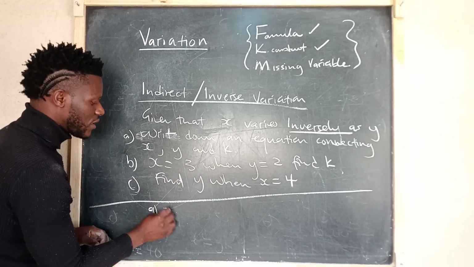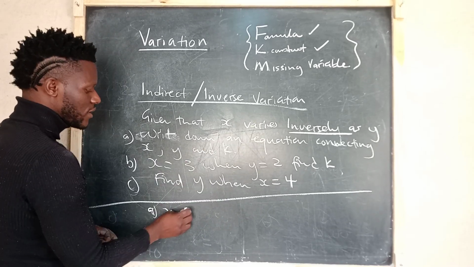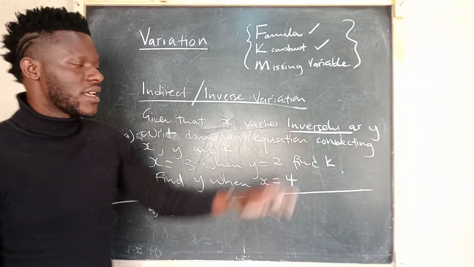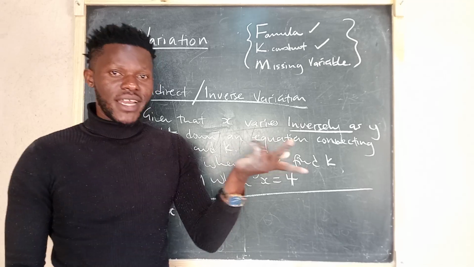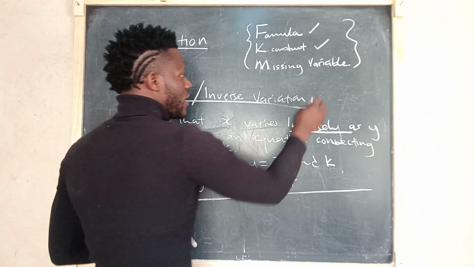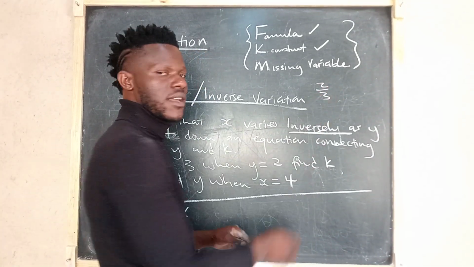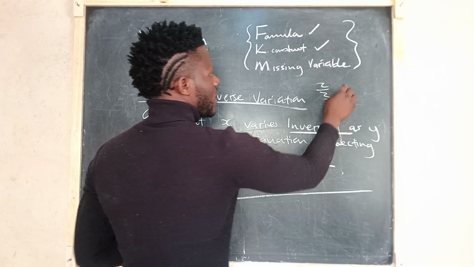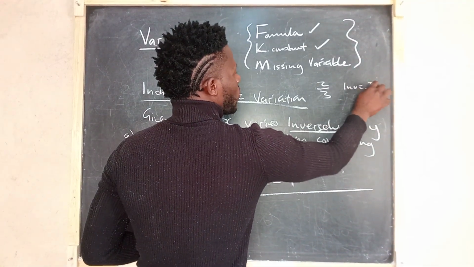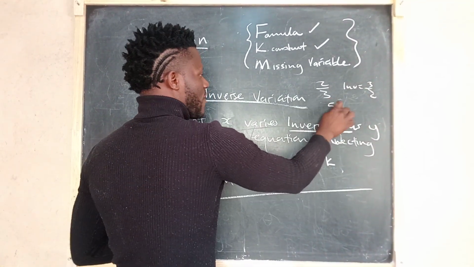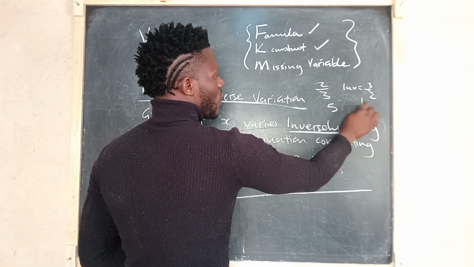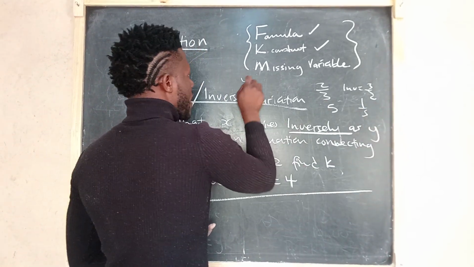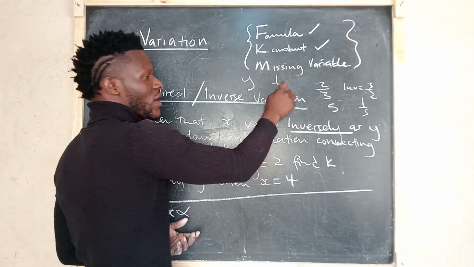Given that x varies inversely. Inverse means interchanging the numerator and the denominator. For instance, we have 2 over 3. The inverse of 2 over 3 is 3 over 2. So if you have 5, the inverse of 5 is 1 over 5. If you have y, the inverse of y is 1 over y.